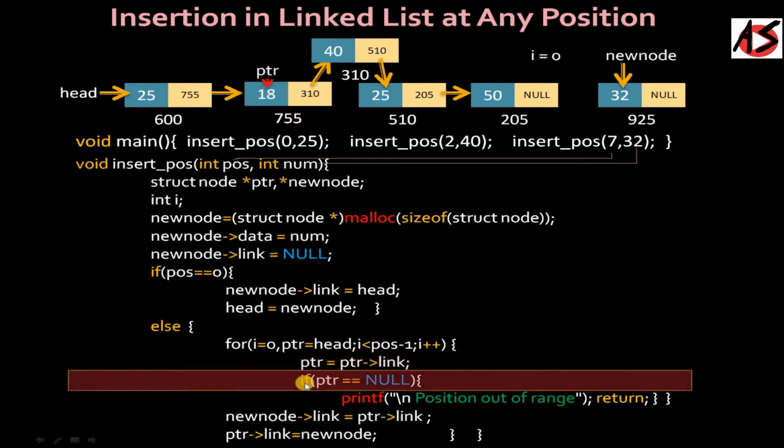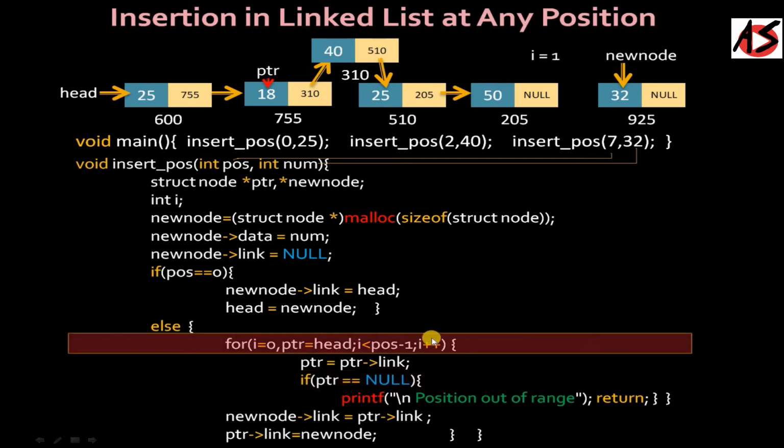Now again we will check the condition: if pointer equal to null. Here the condition is false because pointer is pointing to 755, so that is not null. So now I is incremented, and we will check the condition again: I less than position minus 1. Since position minus 1 is 6 and I is 1, 1 is less than 6.